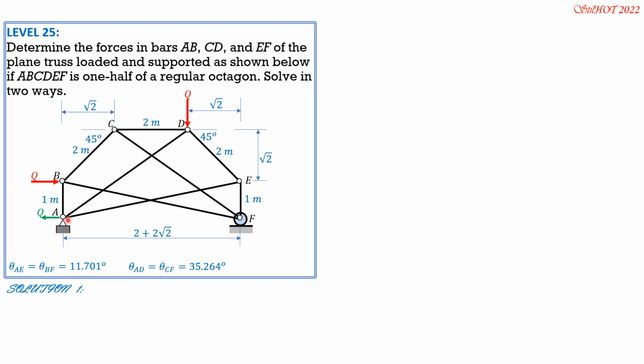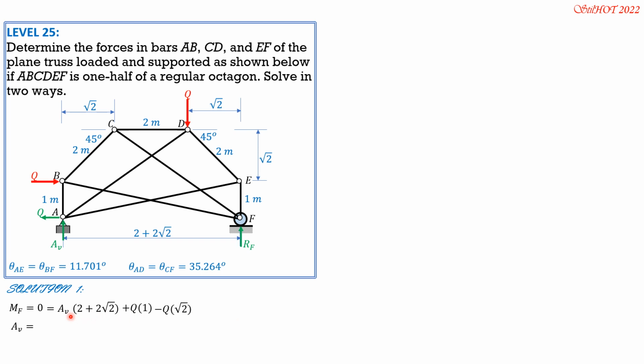So for the reaction, summation of forces horizontal: A horizontal is Q also. Then the vertical, we do not know yet. Call that A vertical and RF. So let's solve for A vertical by setting summation of moments at F equals 0, clockwise positive. So we have AV times 2 plus 2 square root of 2, then plus Q times 1, then minus Q times square root of 2.